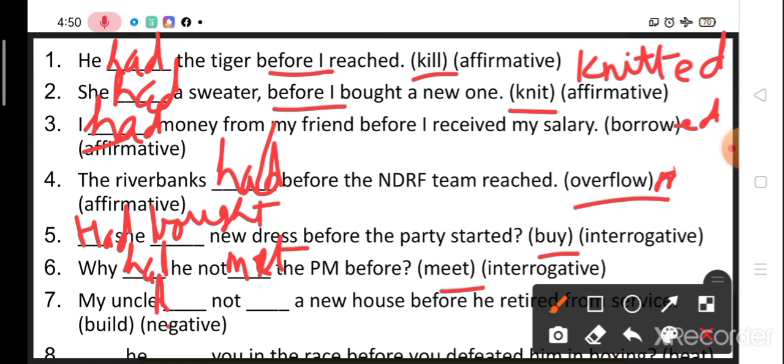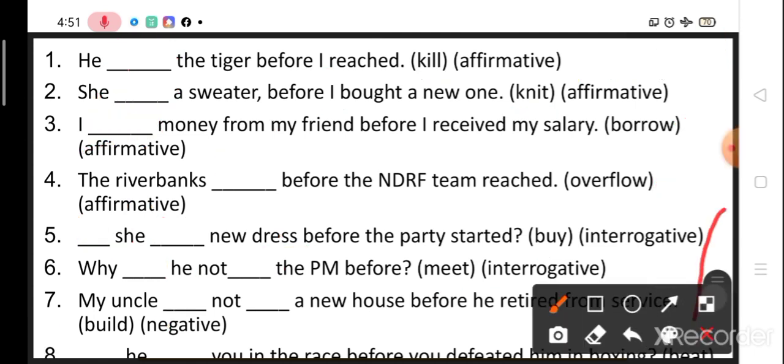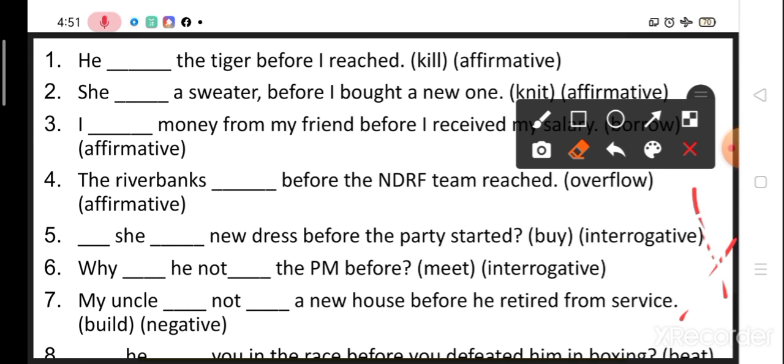My uncle had not built a new house before he retired from service.